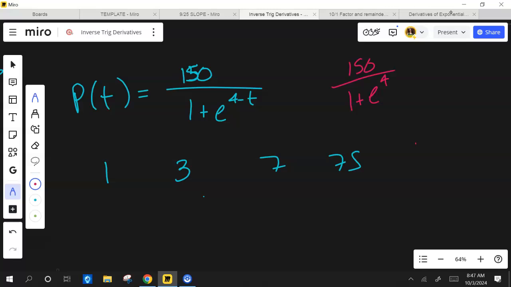Let me ask y'all this, because this was my plan for today. Logarithmic differentiation is a technique we use sometimes in calculus to find derivatives that are very difficult to find. However, you can always use the rules here to find those derivatives that may just be a little more complicated.